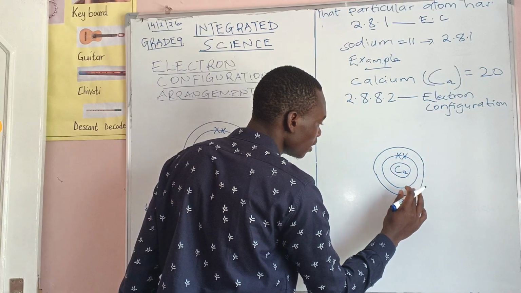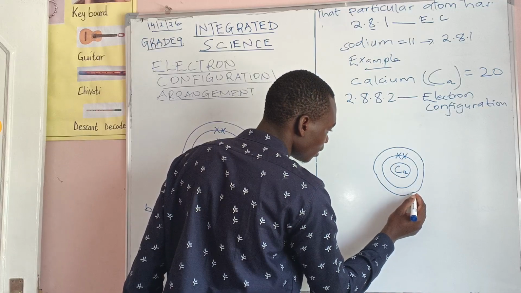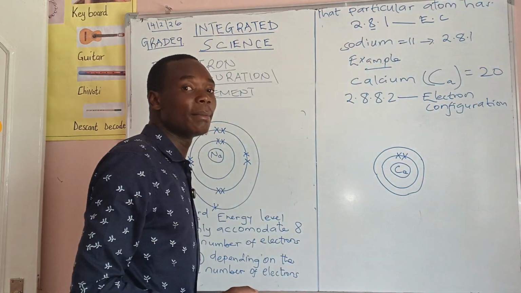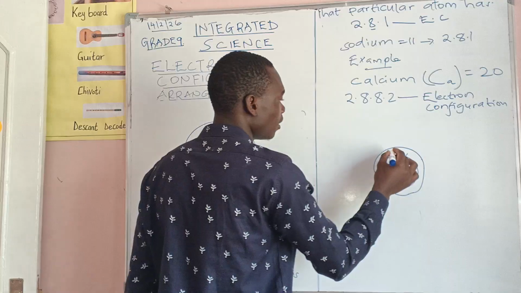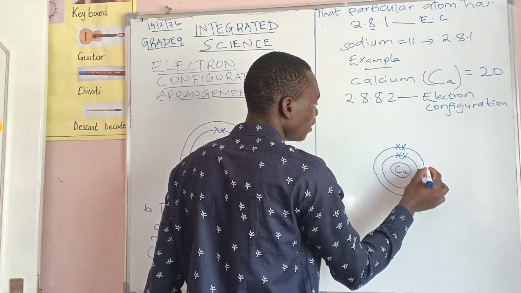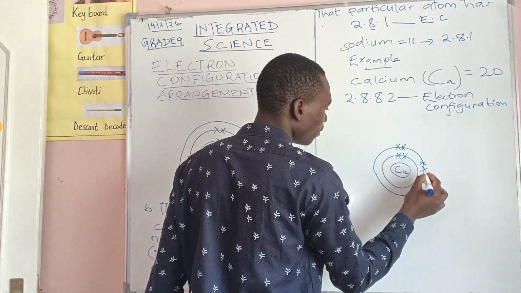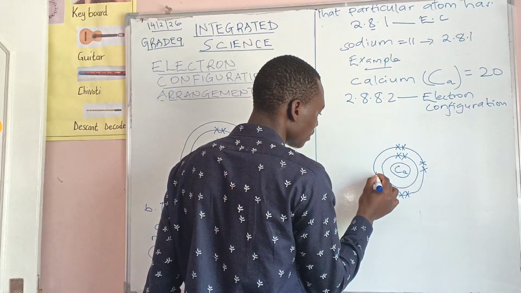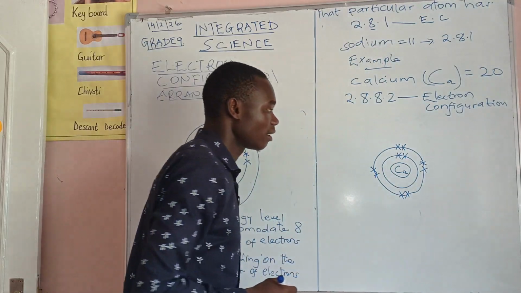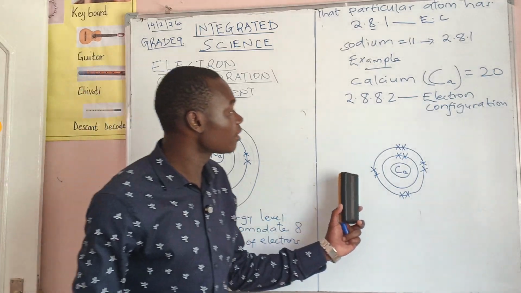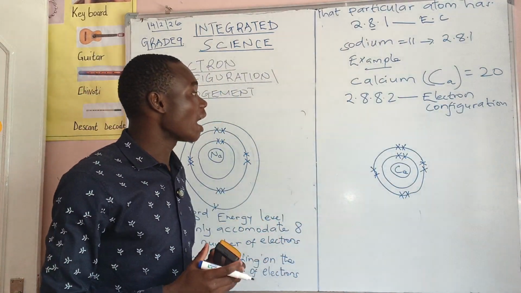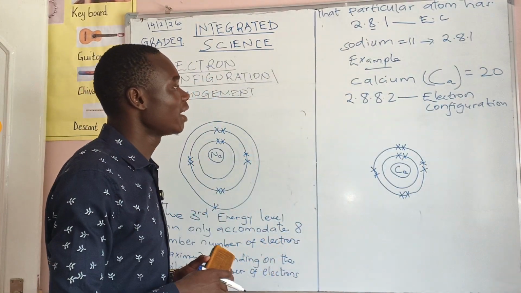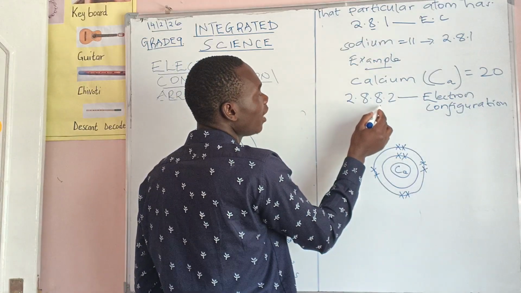That is what rule number 2 says. 1, 2, 3, 4, 5, 6, 7, 8. So that is the second energy level, accommodating only 8 electrons. We remain with 8 too.